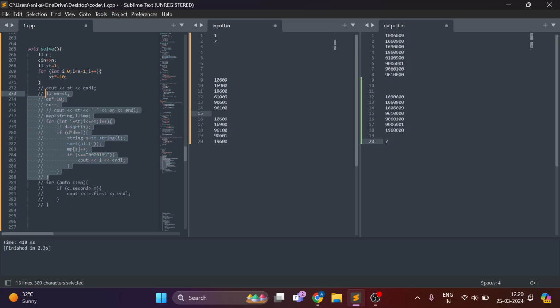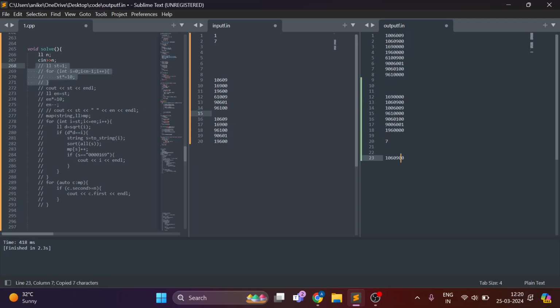So I extended this idea for 9. For 9 what you have to do, just add two more zeros. I think for 9 it would be like after 1060 then 9 and these two zeros.